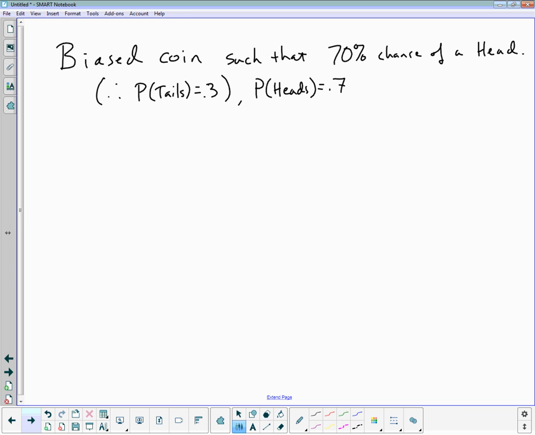So what we're going to do is flip this coin 3 times, and see what the probability is that exactly 2 tails show up.